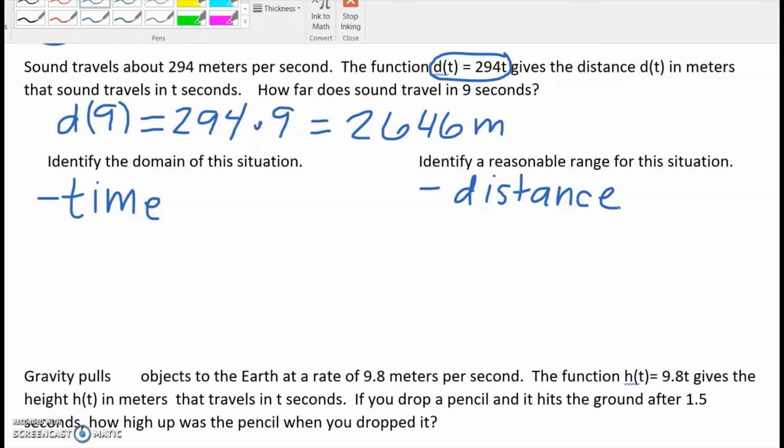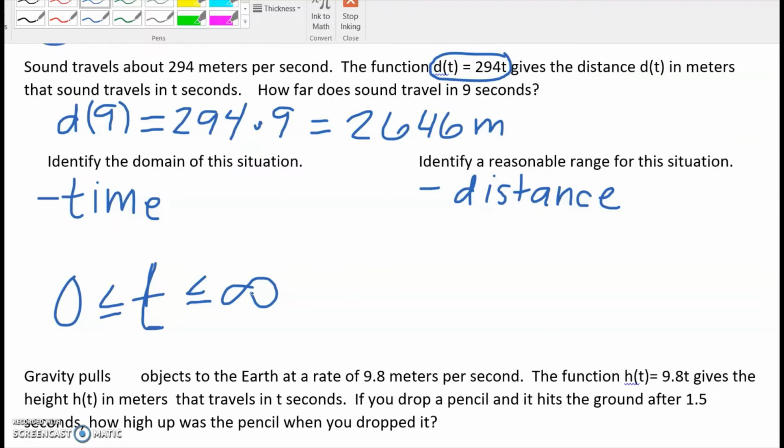So it's not really giving you a distinct starting point or ending point. We know we use the letter t for time. So time could start at 0. You could start at the very beginning, and it goes on forever and ever. So that symbol is the infinity symbol. Time is never ending, so it starts at 0 and it goes on forever.